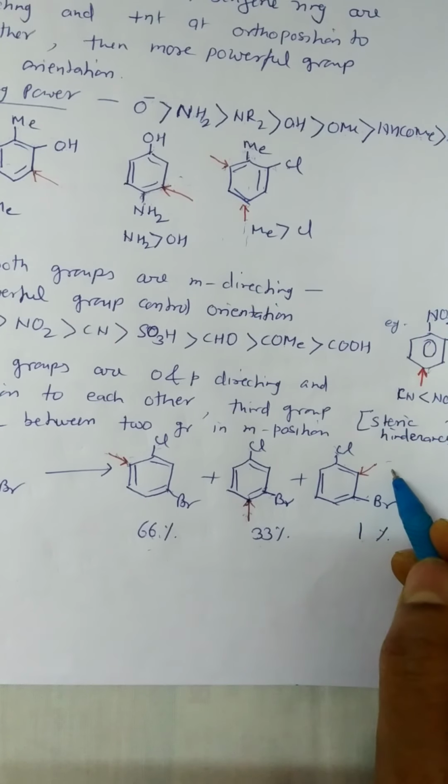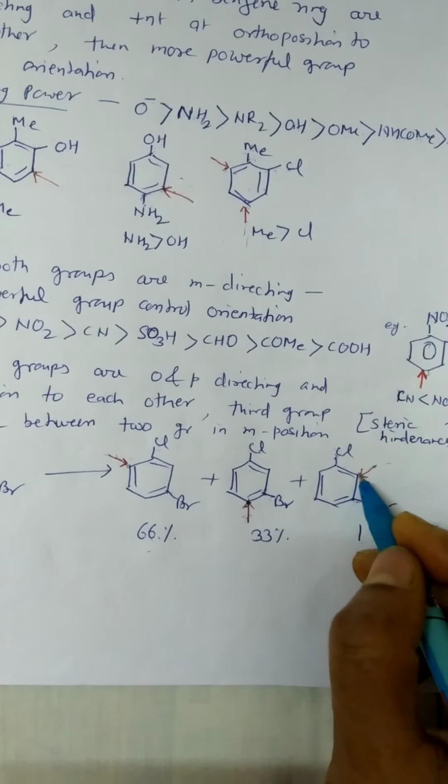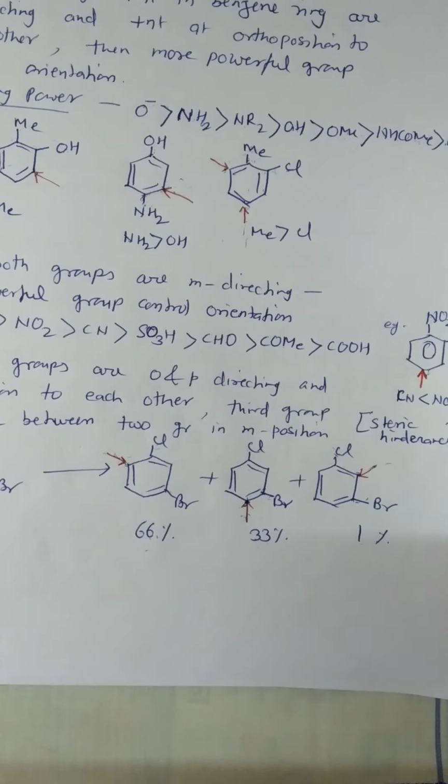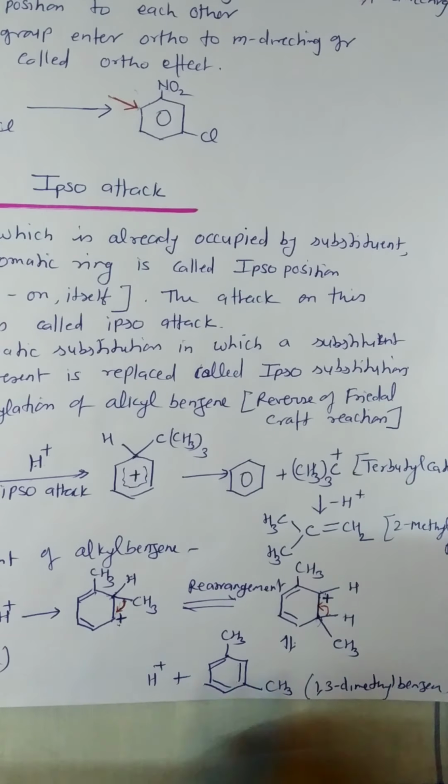Due to steric hindrance, it is very difficult for the electrophile to attack this position, therefore only 1% of the substituted product is obtained.